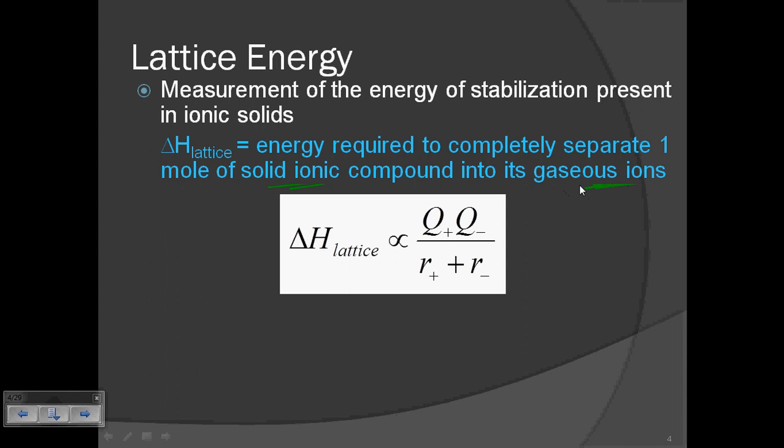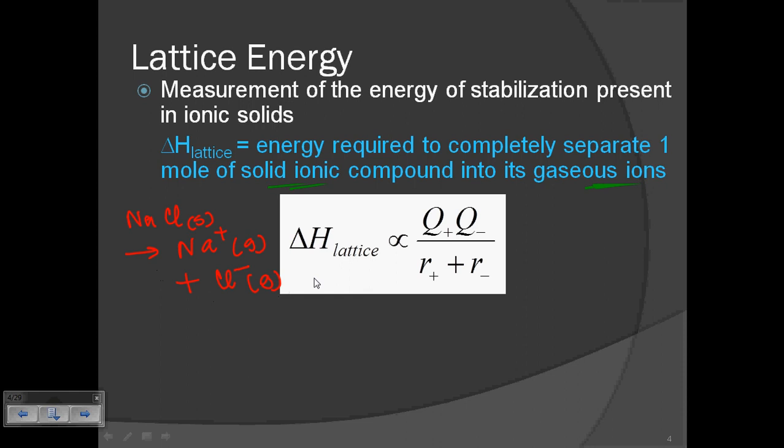And these states are very important to remember. So if we were talking about the lattice energy of NaCl, we take 1 mole of solid NaCl and we see how much energy is required to break it into 1 mole of Na+ and 1 mole of Cl- ions in their gaseous state. And whatever energy is required here is called lattice energy.